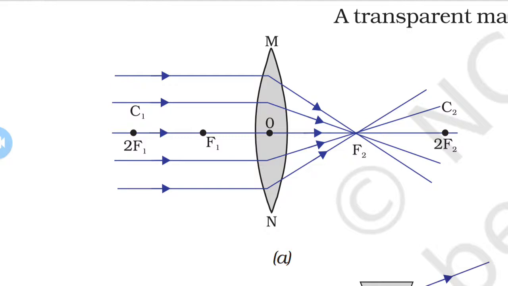It is thicker at the middle as compared to the edges. A convex lens converges light rays as shown in the figure, and hence a convex lens is called a converging lens.